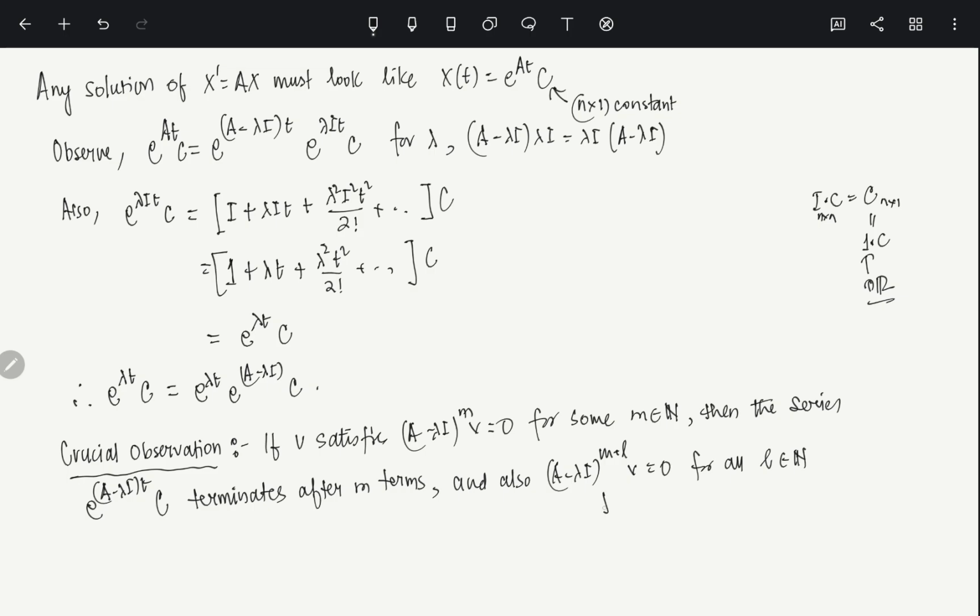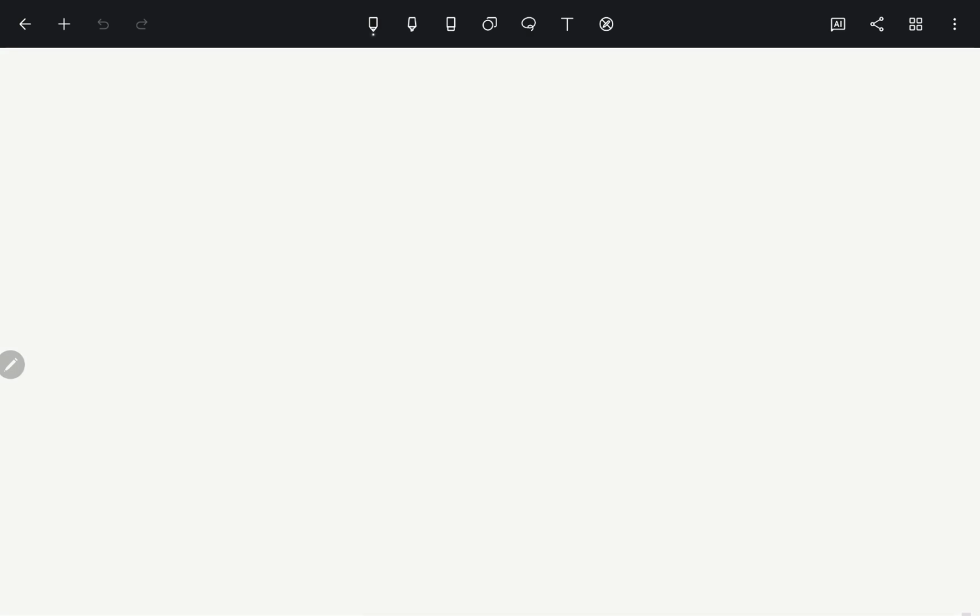Please check this part. This is not very difficult to see. Of course, it is true. So now therefore what happens?